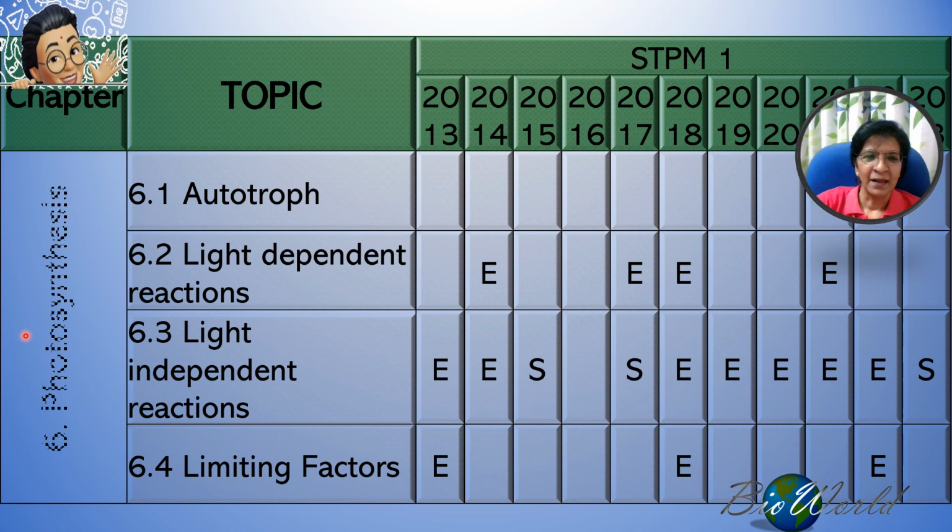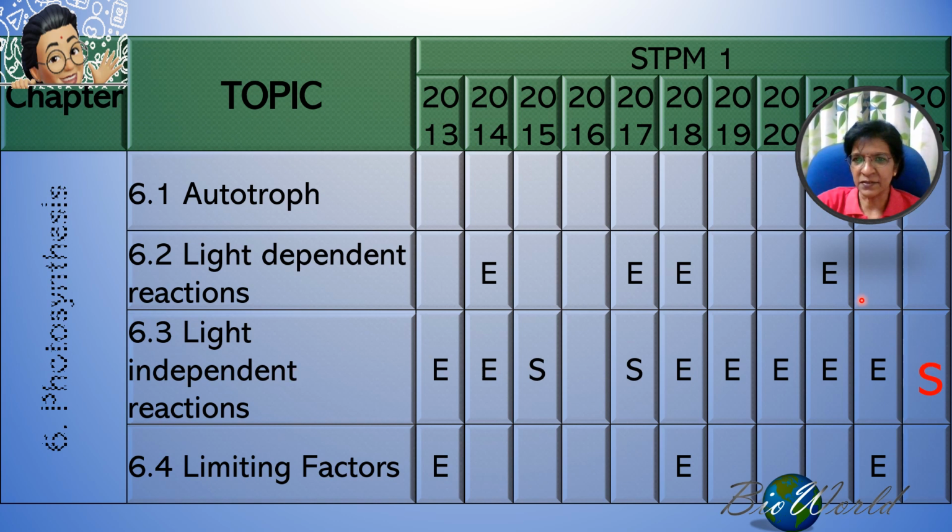Okay. Now, chapter 6 has only got 4 subtopics. A little bit of good news is that the light independent reaction part was tested as a structure question last year, meaning that the Hatch-Slack, Calvin cycle, CAM plants not likely to be tested.